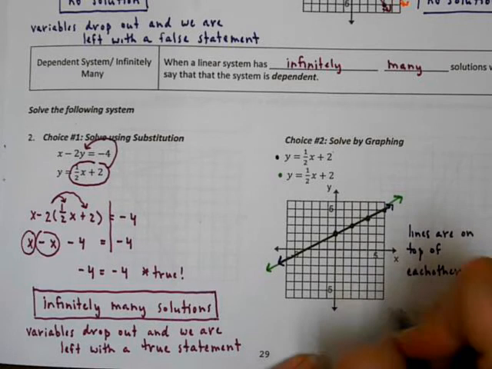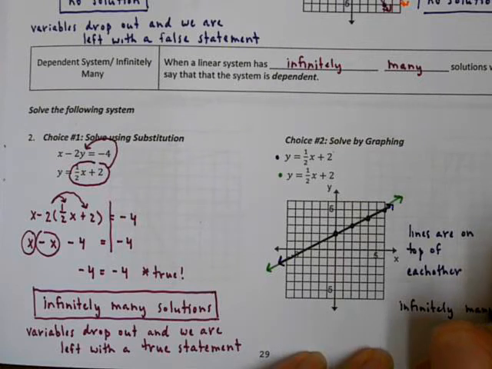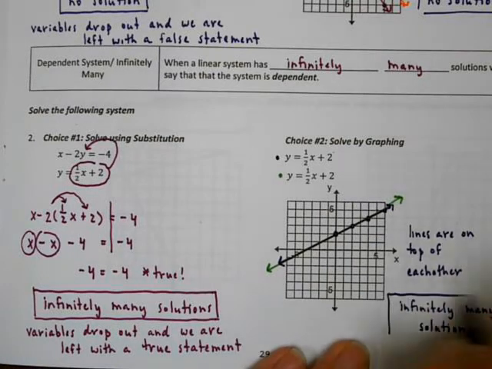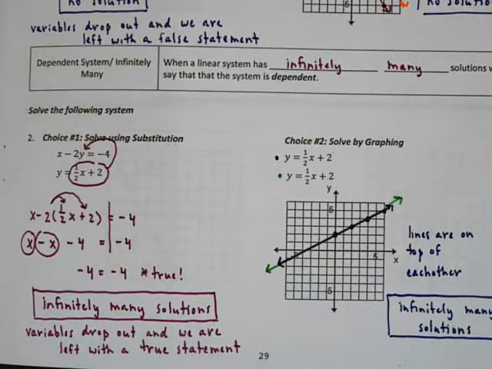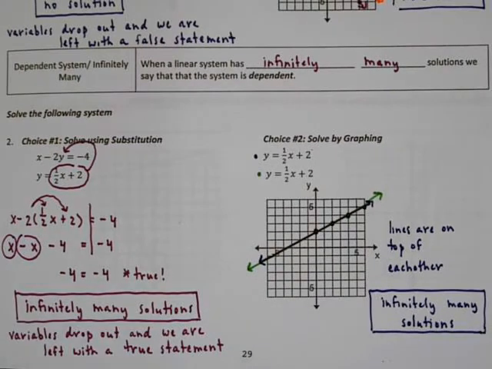So in that case, we would say we have infinitely many solutions. And again, you would need to write those words to show me that you know what it means when those lines are the same line, when they're on top of each other like that.